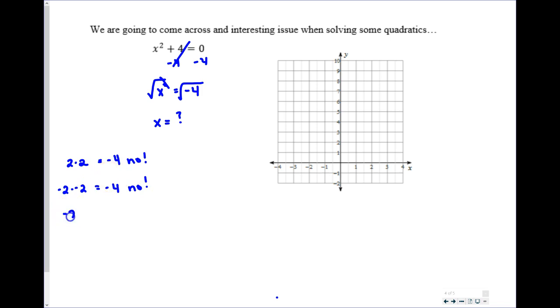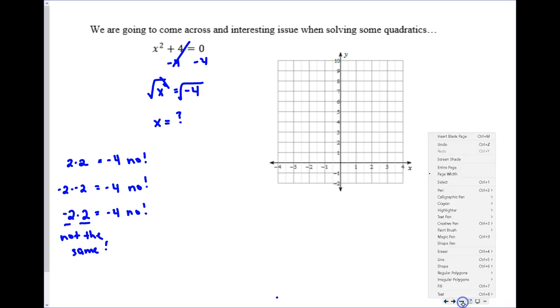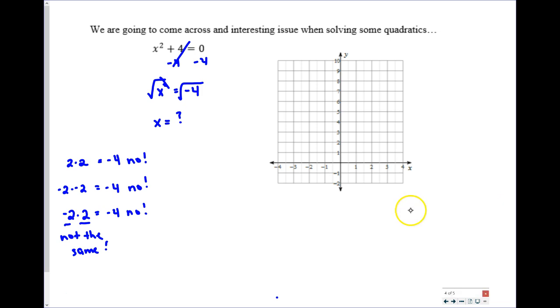The only option I know is negative 2 times positive 2, but these are not the same number. So there's actually no possible number that if I multiply it by itself, it works. It doesn't exist here, okay? So we can't take the square root of a negative number. So when I get a radical like this, the answer you're going to write is no real solutions.